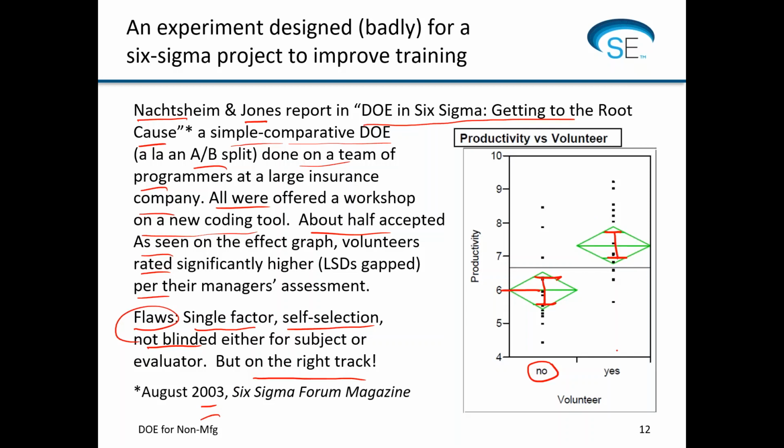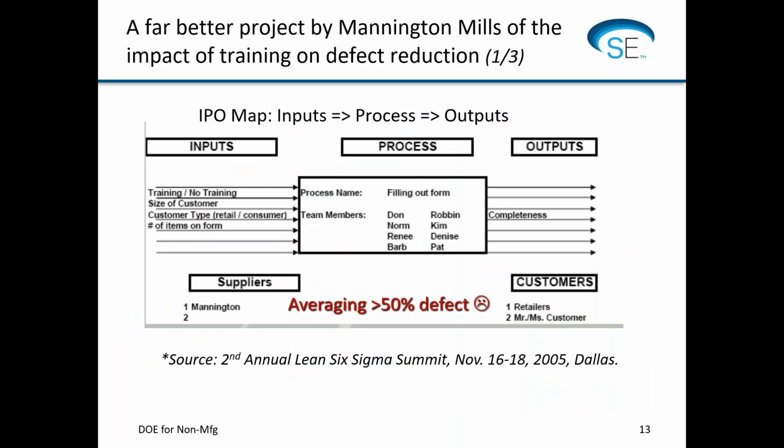Now, whether this is really an actual effect that would be confirmed, you'd have to do a proper experiment, with correct random selection, etc. But nevertheless, at least it gives you some idea that this ought to be something we can do. We can apply DOE to training for sure. Let's just do it a little bit more correctly in terms of the selections.